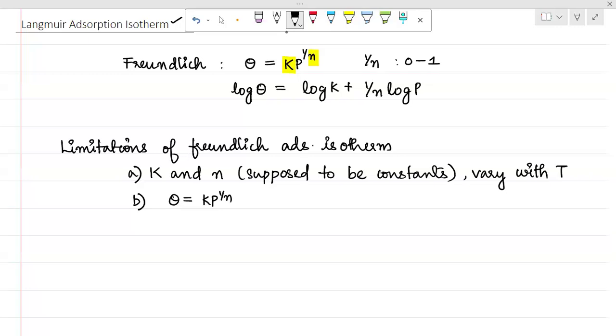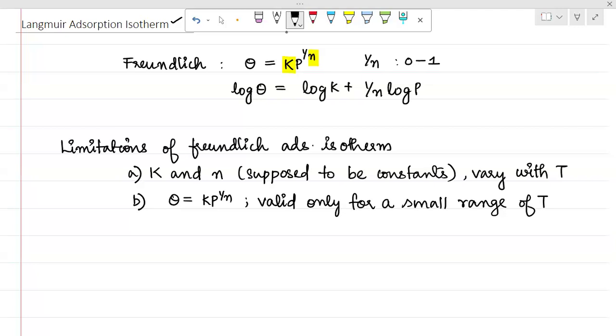The second thing was that this equation, theta is equal to kp to the power 1 by n, was valid only for a small range of temperature. This was the second limitation.